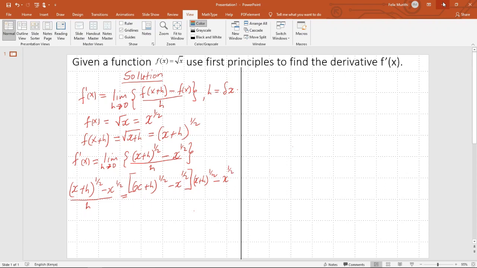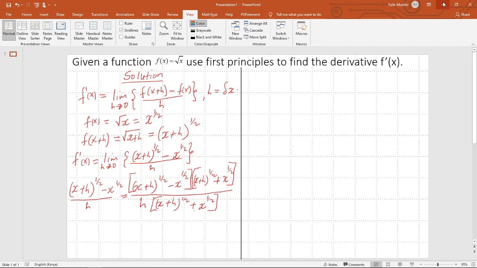Since this is minus, the conjugate is plus. And then what we do in the numerator, we also do in the denominator. So we will have h into x plus h power half plus x power half.